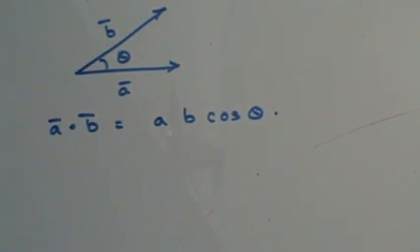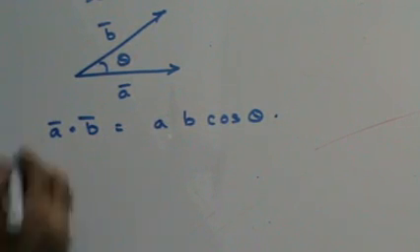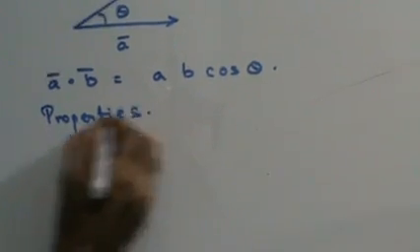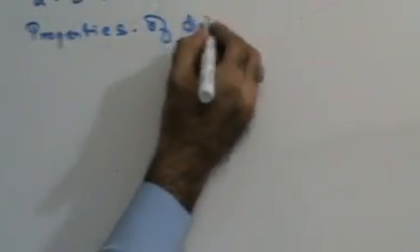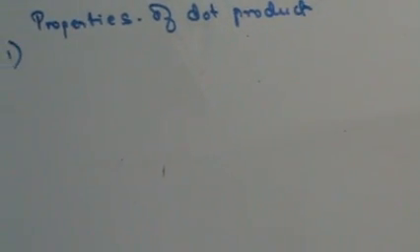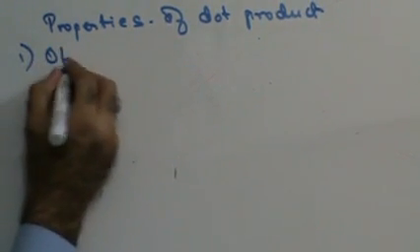Now let us try to study this in detail. Let us see the properties of dot product. First property, dot products obey commutative law.